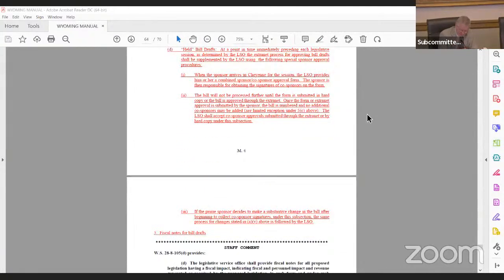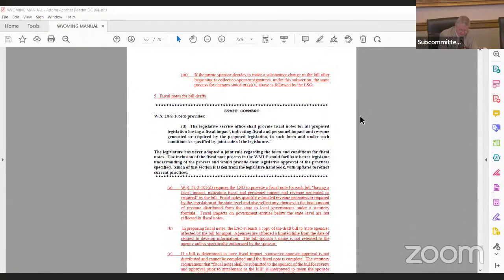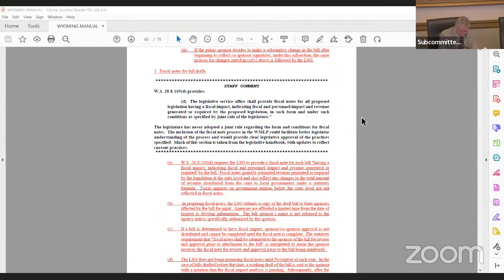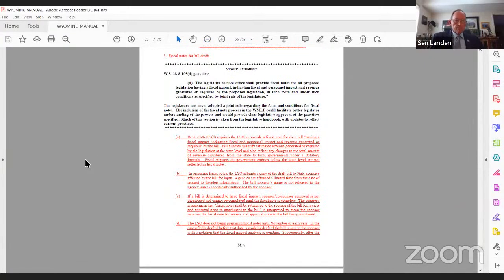Mr. Chairman, M7 is the fiscal note that I start talking about. The statute requires that LSO provide fiscal notes for legislation, under such forms and conditions as specified by joint rule of the legislature. Well, the legislature has never adopted a joint rule for the form and conditions for fiscal notes. We have a process in the manual.